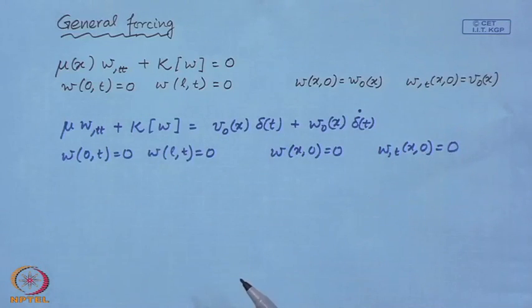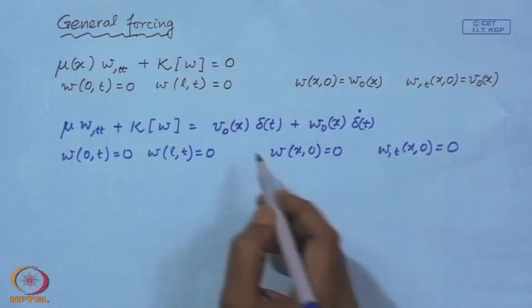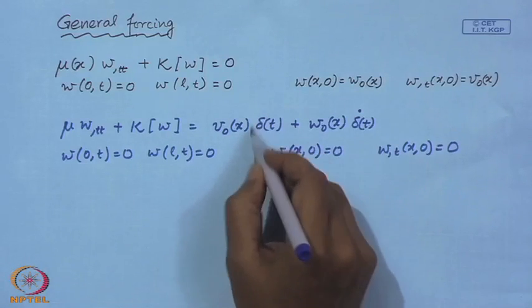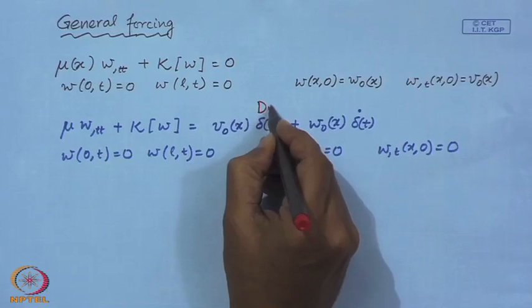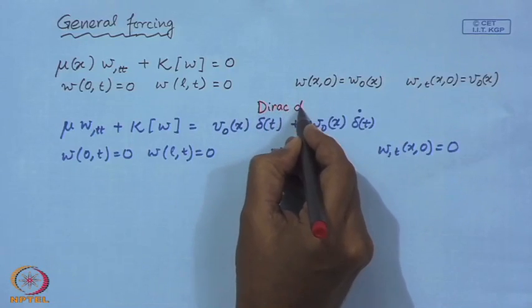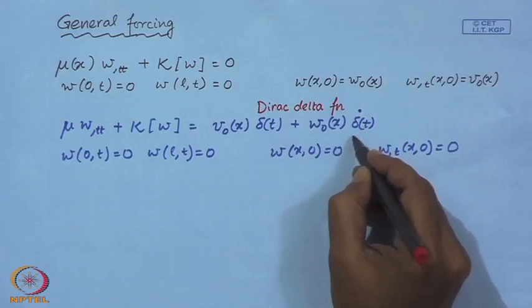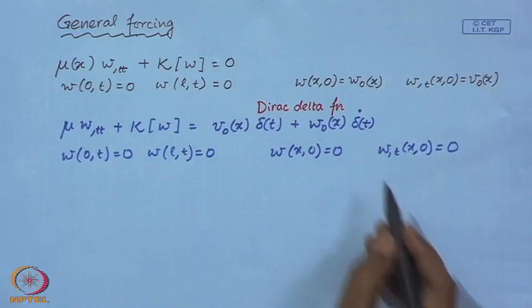So, these two statements are equivalent. Essentially, we have converted an initial value problem to a forced vibration problem. Here this is the Dirac delta function, and this is the time derivative of the Dirac delta function at t equal to 0.